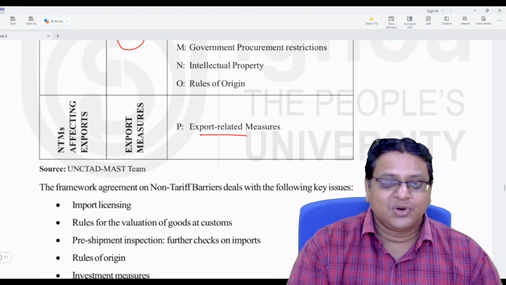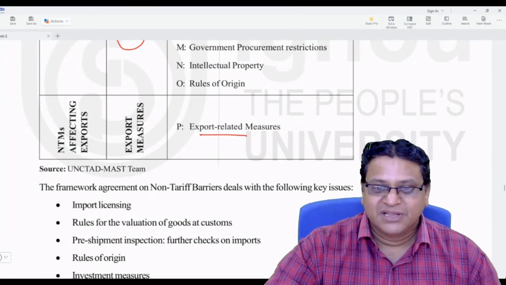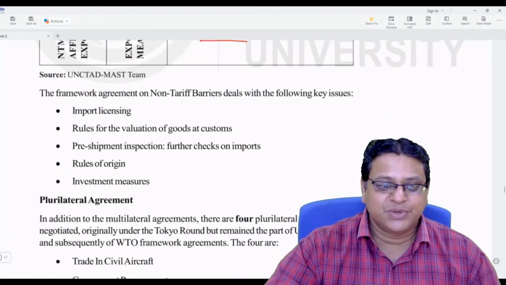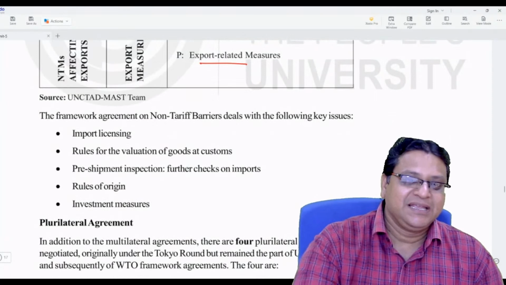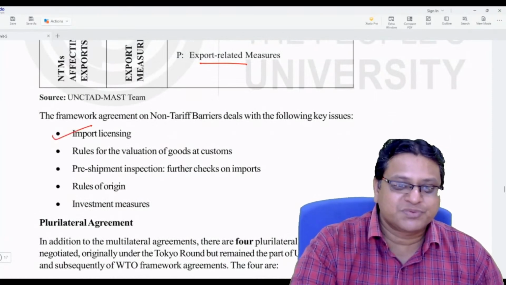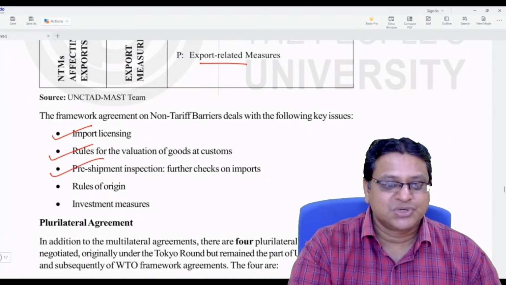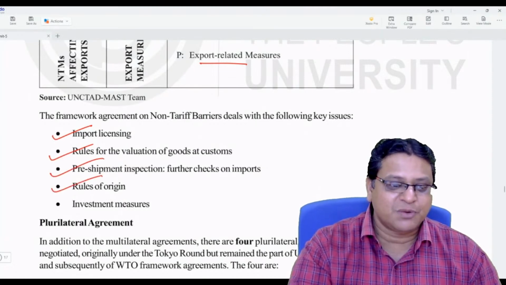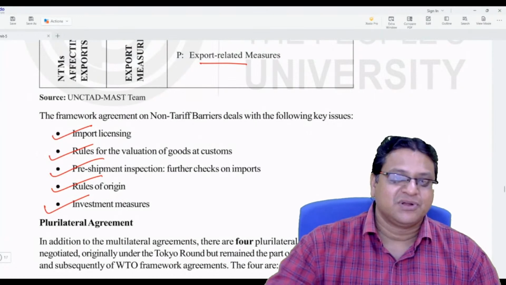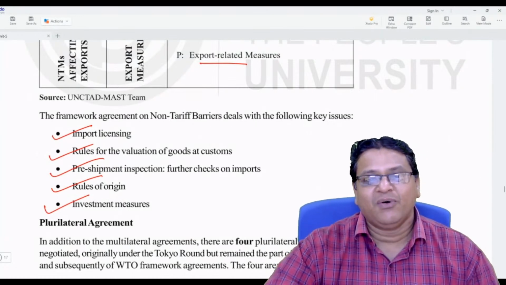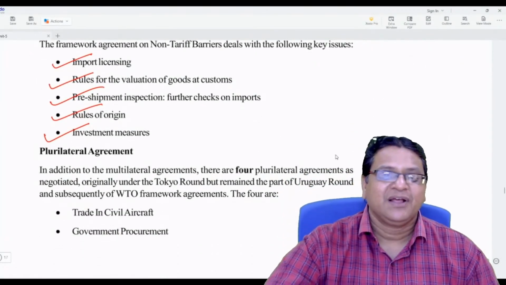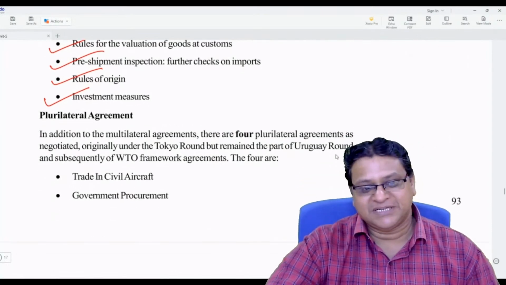So the non-tariff barrier agreements deal with the following things: import licensing, rules for valuation of goods, pre-shipment inspection, rules of origin, investment measures. All these measures, all these rules are framed in non-tariff barrier agreements.